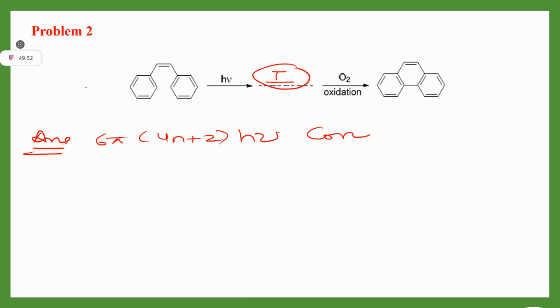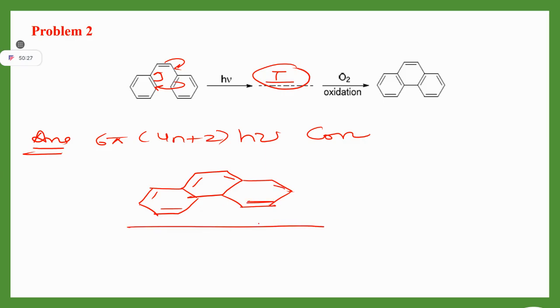Correct? Till here, clear? Now you just have to shuffle these pi bonds. And what type of intermediate? Just draw other things similar. This one. And you will get this type of intermediate.